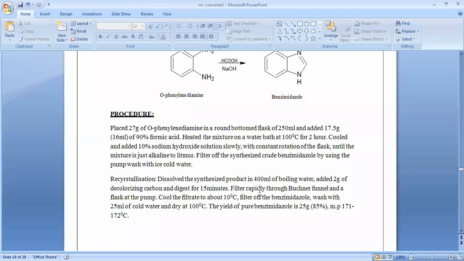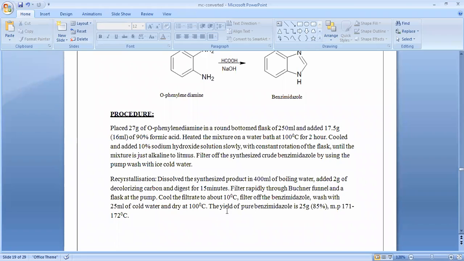Now we filter this solution through a Buchner funnel using a pump. After that, we cool the filtrate to about 10 degrees centigrade, and then filter off the recrystallized benzimidazole, wash with cold water, and dry it in an oven at 100 degrees centigrade.